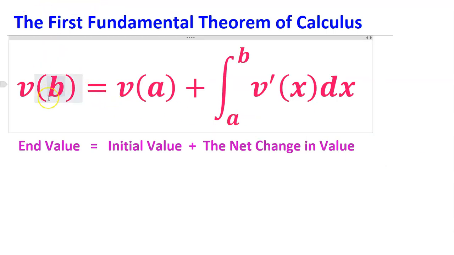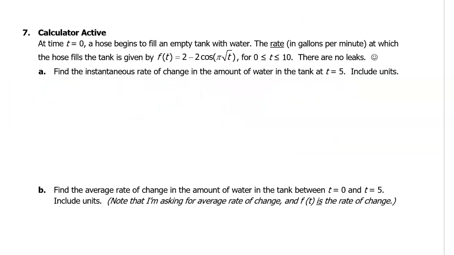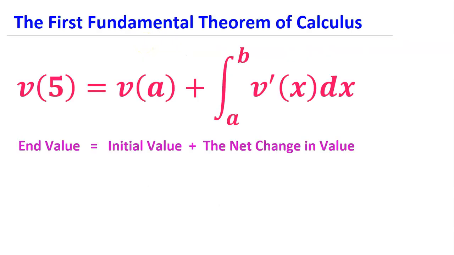So we need the volume at 5. What about the initial volume? In the setup of the problem, we were told that at time t equals 0, the hose begins to fill an empty tank. In other words, the initial volume is 0. So let's modify this further.